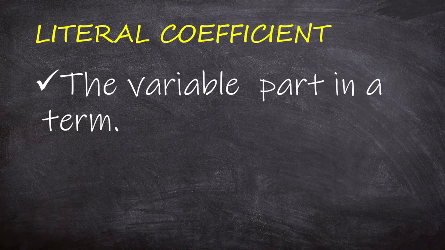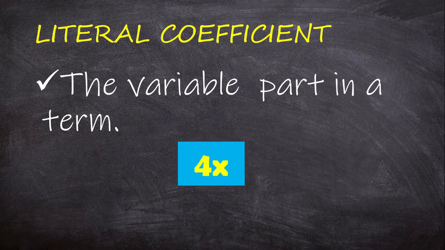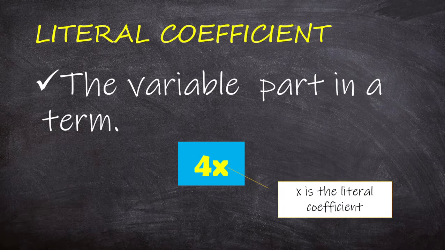Next is the literal coefficient. This is now the variable part in the term. So let's use the same example. If 4 is the numerical coefficient, x is the literal coefficient here. It's the variable part, so it's called the literal coefficient.